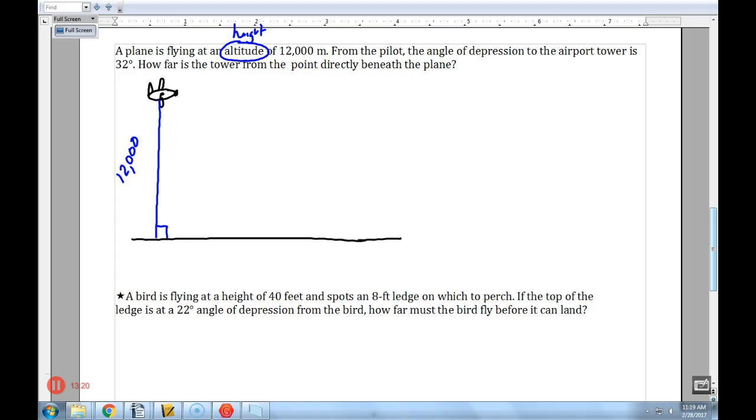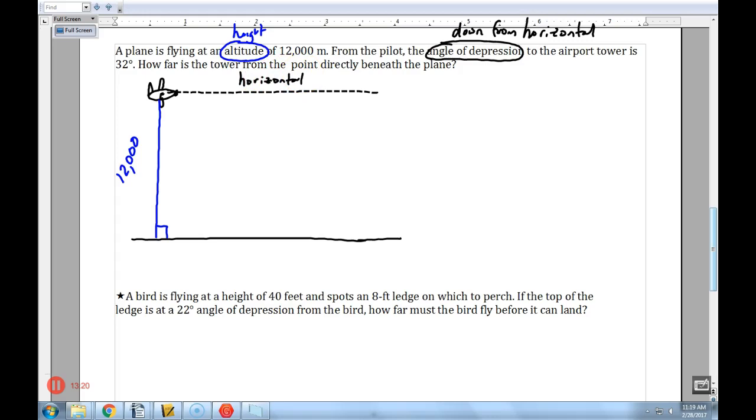So remember, first off, angle of depression is going down from horizontal. So the first thing I have to do is look at where horizontal is. So here is horizontal. I'm going to label that. That's the horizontal.